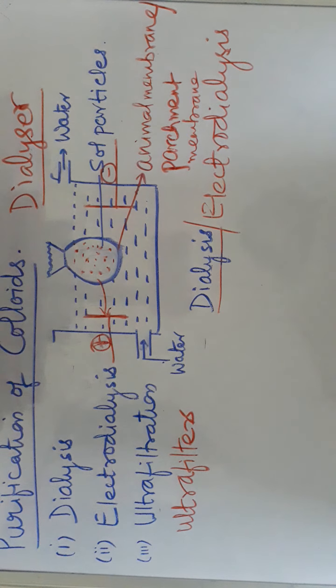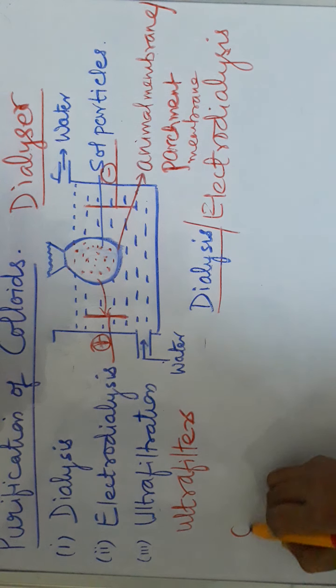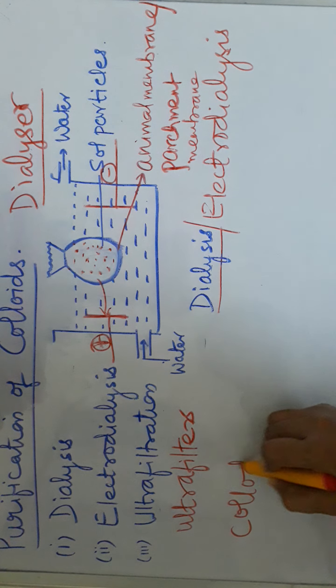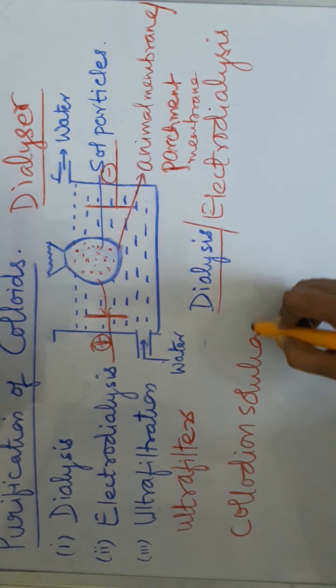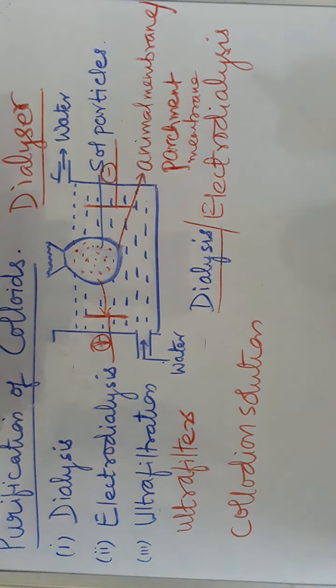It does not allow the impurities to pass through it. Hence, the normal filter paper is dipped in a collodion solution, and as a result, the pores of the ordinary filter paper become smaller.